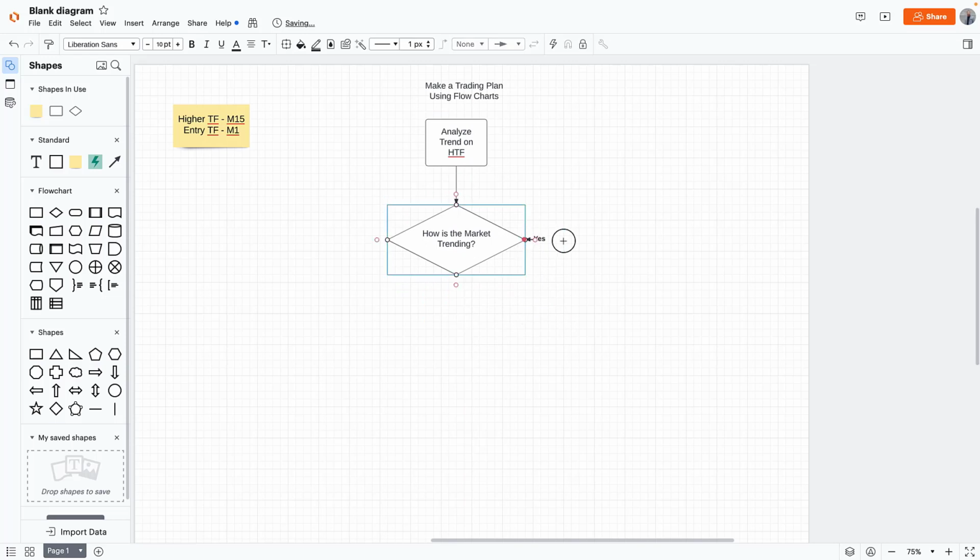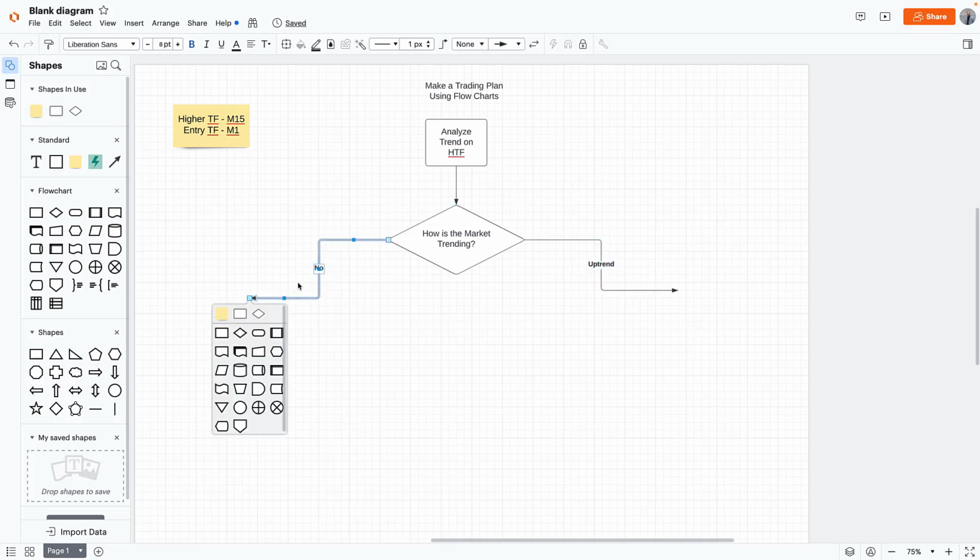If it's in an uptrend, I want to do this. And if it's in a downtrend, I want it to do this. Hold on a second, I've got to make two. There we go. Cool. So let's talk about what are the things we want to do.